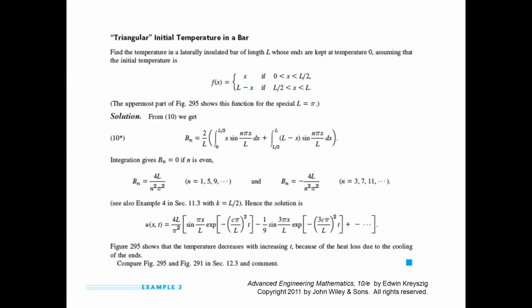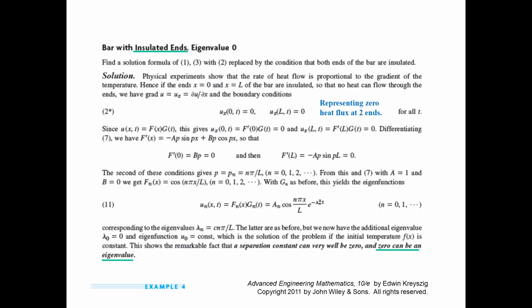Let's go down to this problem we are talking about. The boundary conditions are going to be changed: this derivative is going to be 0, and this derivative is going to be 0.